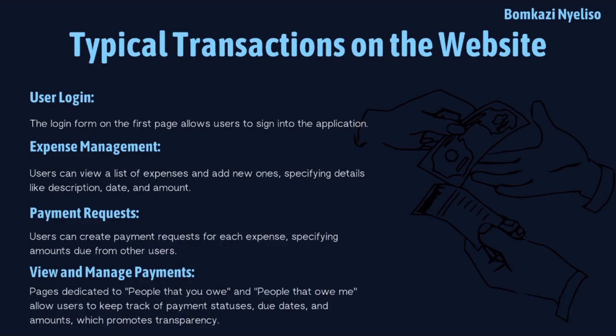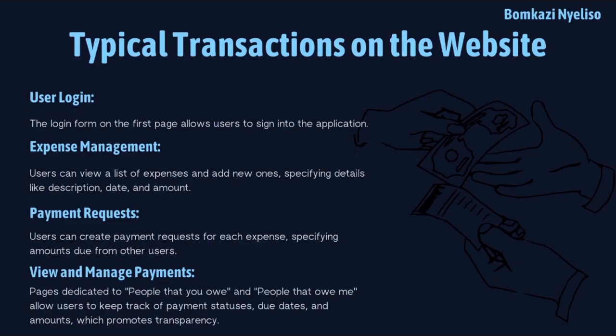So moving on to identifying the typical transactions on the website. The website is designed to handle several common transactions: the user login, the expense management, the payment request, and the viewing and management of payments.